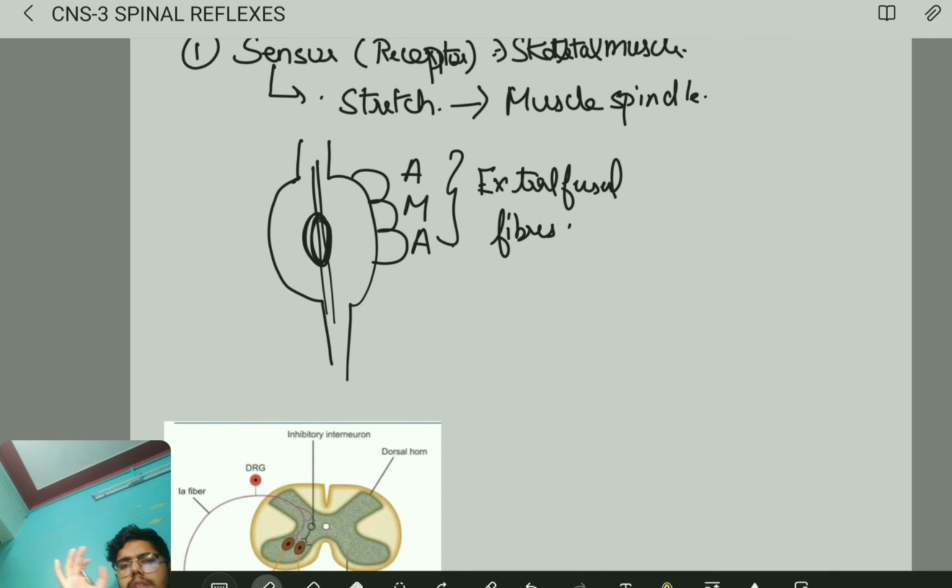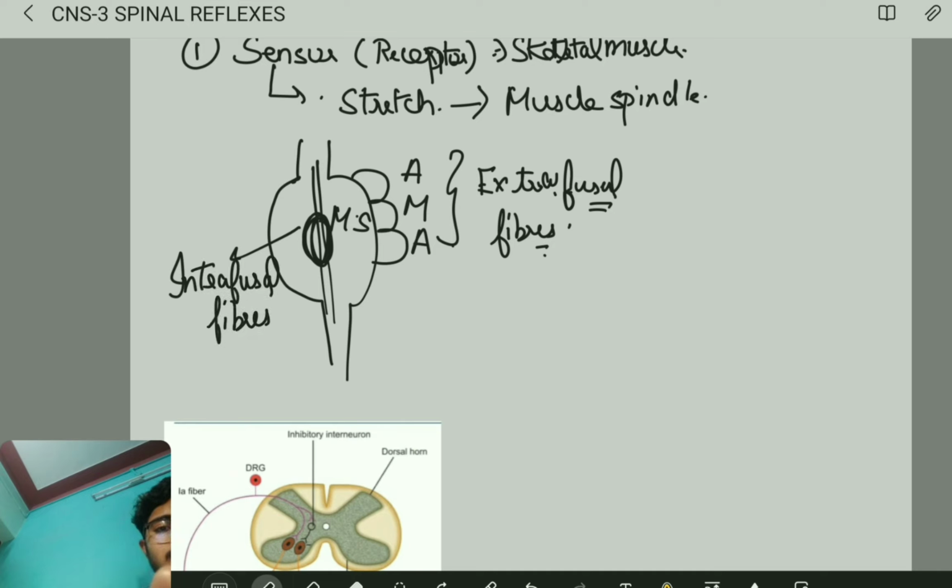Actin, myosin, they have a combination outside. Outside is what? Extrafusal fibers. Now inside, we are having the muscle spindle that we call intrafusal fibers. That's it. We have extrafusal fibers, intrafusal fibers.